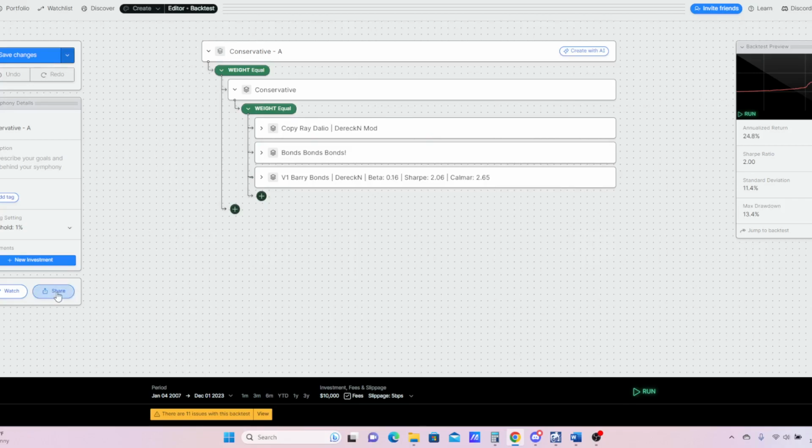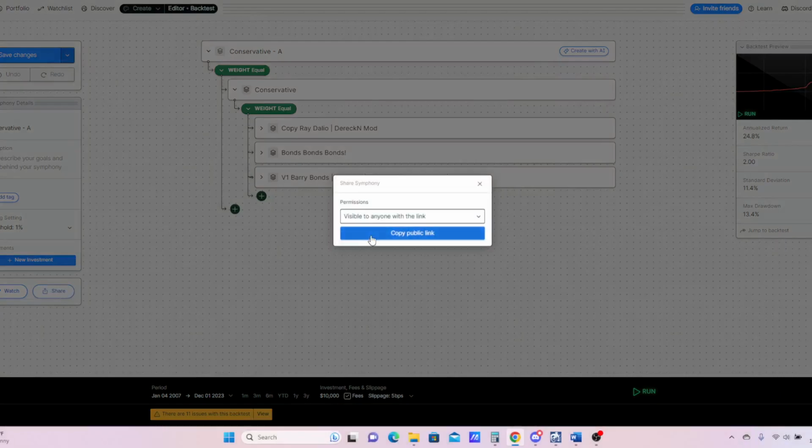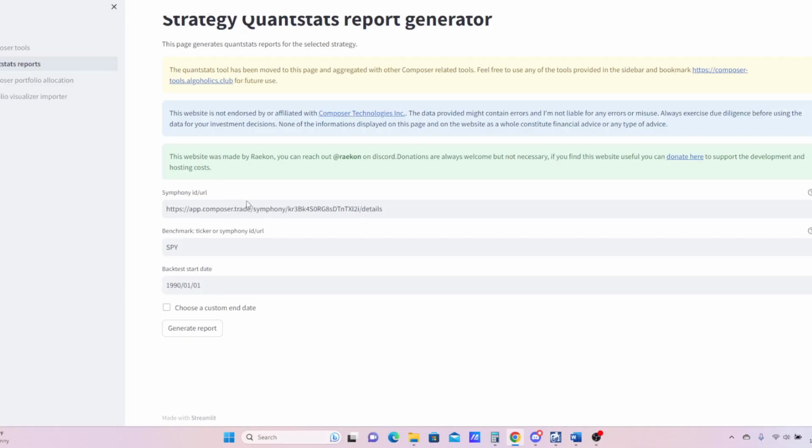The way that I do that is I'll go here, copy the link for it, and then go to the quant stats and put in the Symphony URL, and then I look at a report.